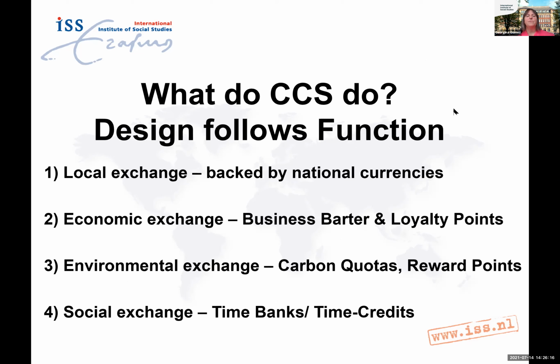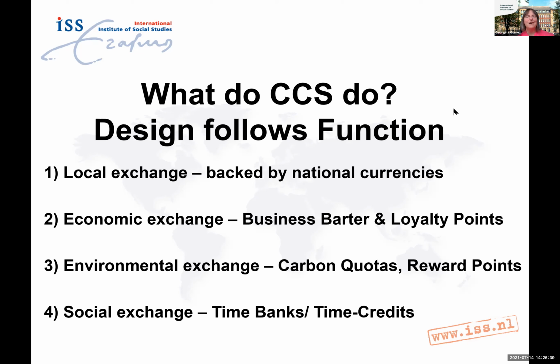But also, when you want to direct consumption and behavior towards a specific kind of behavior, for example, more environmentally friendly behavior. So you can reward certain types of actions like recycling, for example, or in terms of reconnecting the social exchange.